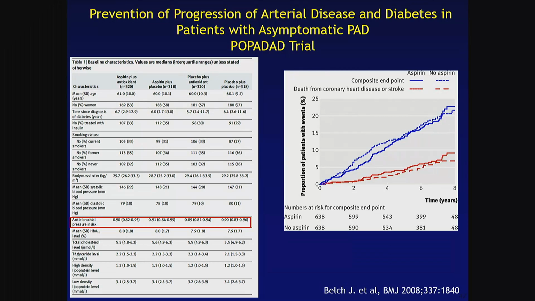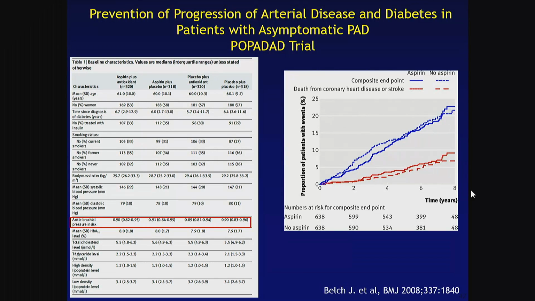The POPADAD study investigated the role of aspirin in patients who have diabetes and also have abnormal ABI without any symptoms, so asymptomatic peripheral artery disease. And these patients were randomized to arms with aspirin and an antioxidant, aspirin alone, antioxidant alone, or double placebo.